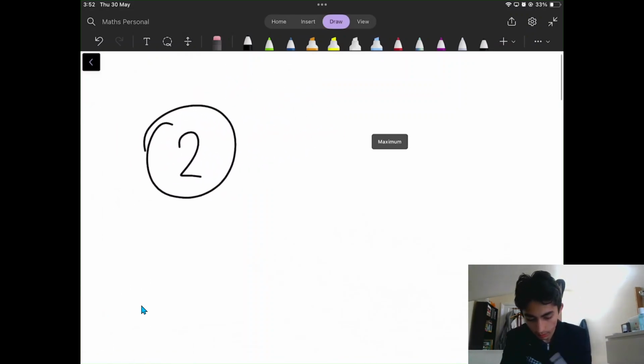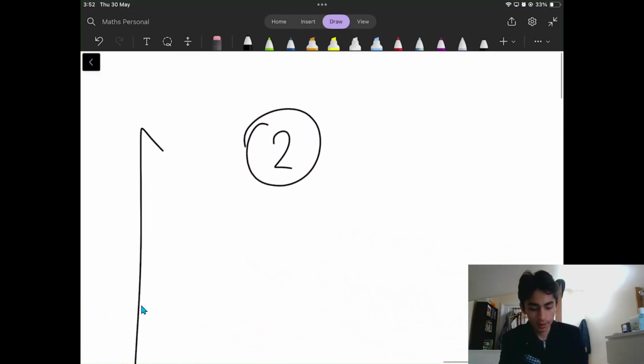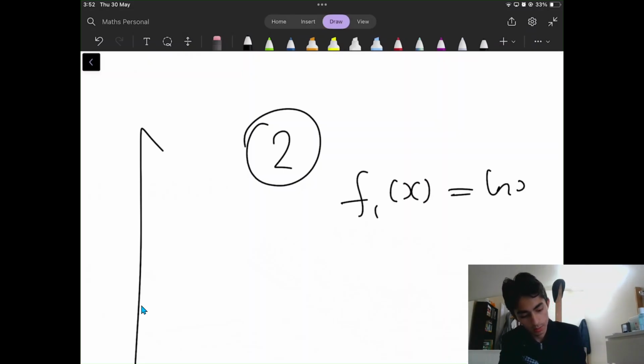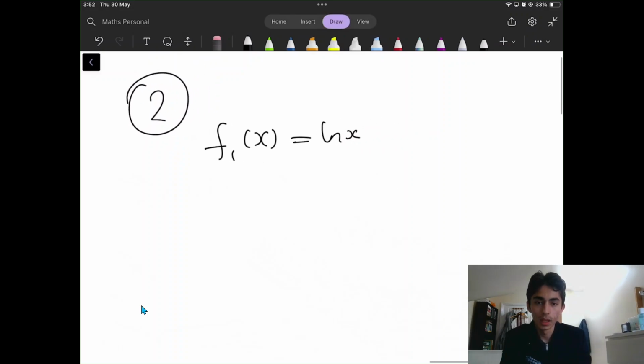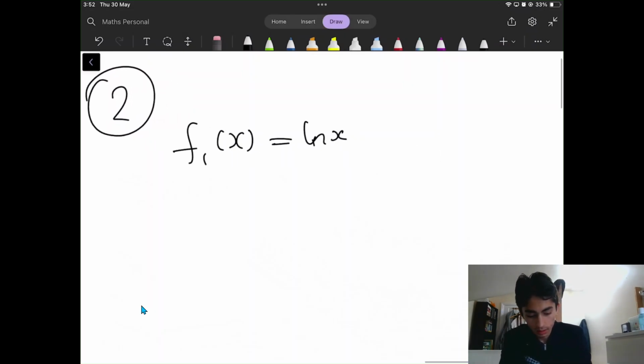The second function I want to work with is logs, ln, or natural log, or whatever you want to call it. I'm going to define f1 of x to be the natural logarithm of x, okay? For those of you who are not fluent with logarithms, or you don't know what logarithms are, I forgive you. The logarithm is the inverse of exponentiation, right?